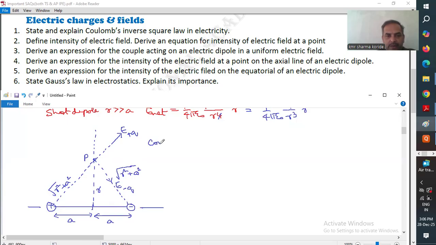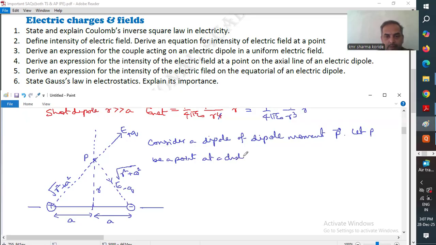Now consider once again a dipole of dipole moment P. Let P be a point at a distance R from the center of the dipole, along the equatorial line.